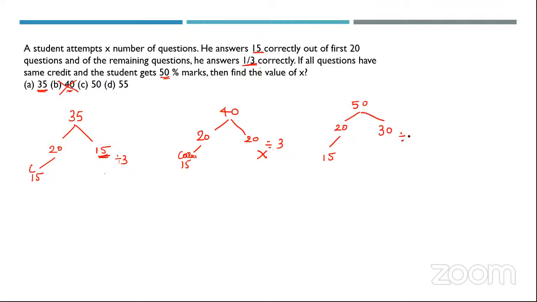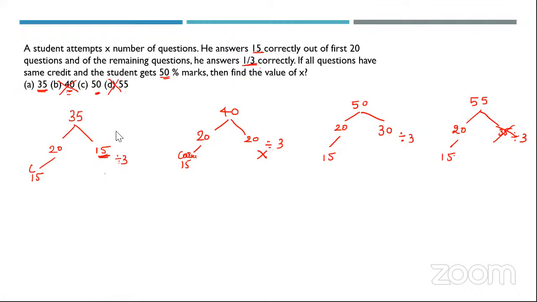Is 30 completely divisible by 3? Yeah, could be my answer. Another one, 55. Out of the first 20, 15 are correct. Remaining 35. Is 35 completely divisible by 3? No, option eliminated. So directly you can eliminate option B and D. Now you're left with A and C.